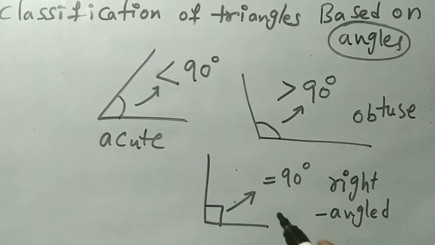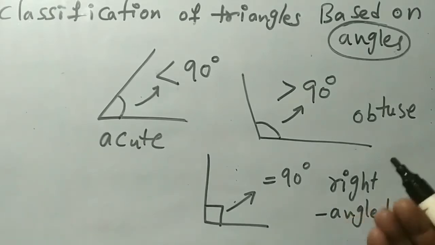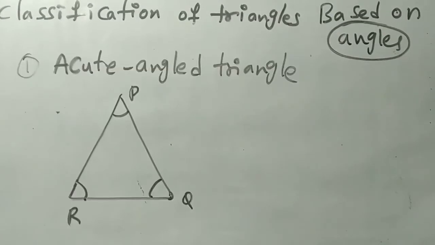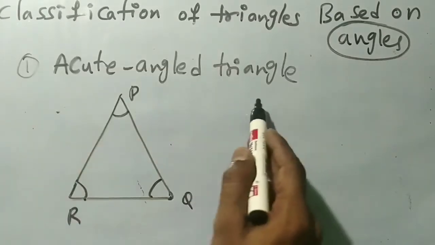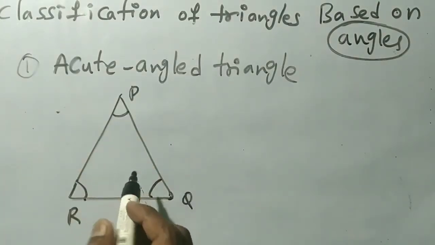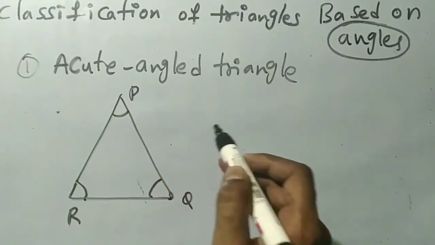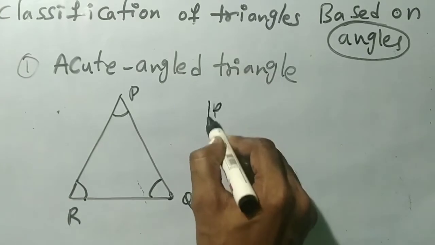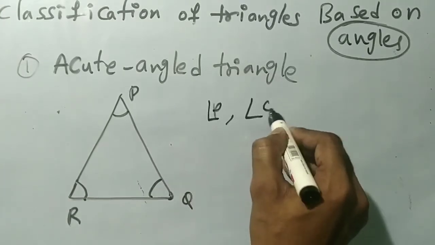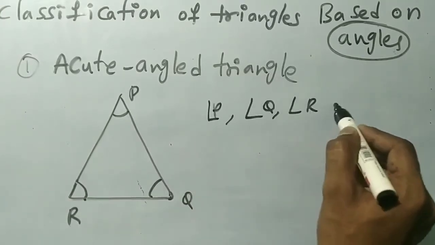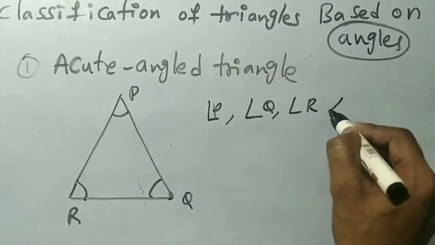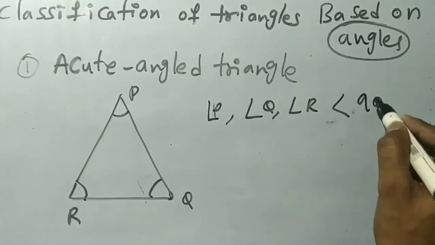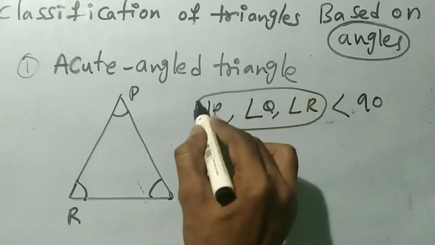Now we go to the triangles based on the angles. An acute angle triangle is a triangle in which the angles are less than 90. That is, angle P, angle Q, angle R are all less than 90 degrees.